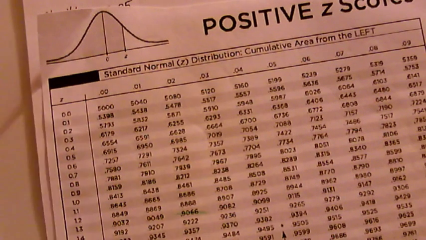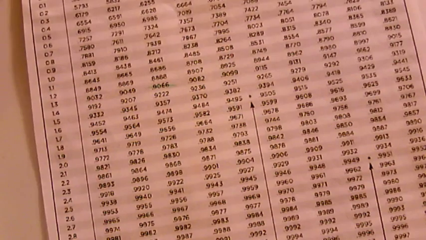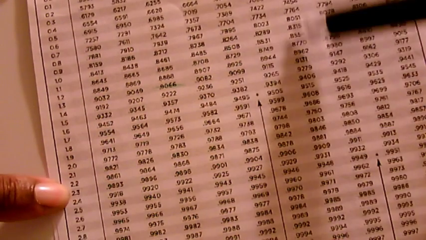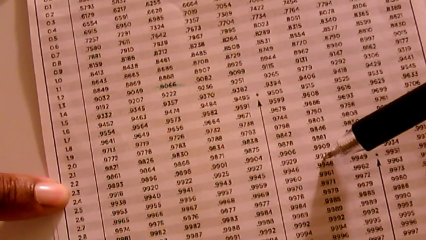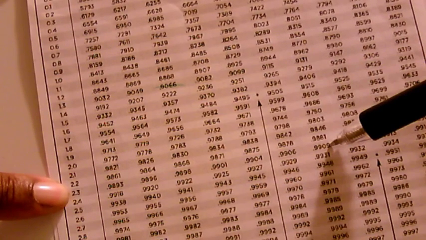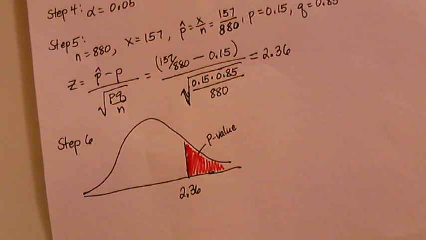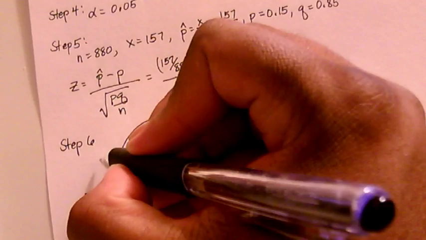So for 2.36, here's 2.3 down here. 0.06 is this column right here. So read across and down. On the 0.06 column, you'll see 0.9909. But 0.9909 is this area right here.